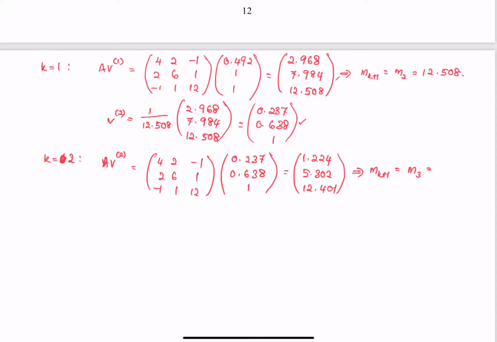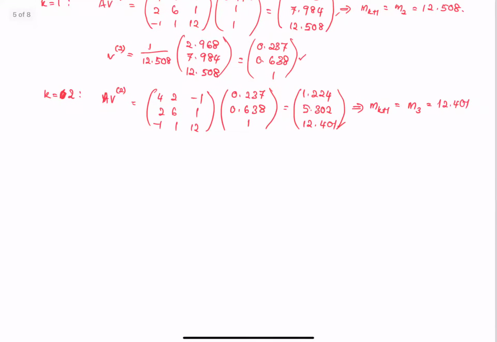And then it is, of course, 12.401. And then after that, we can find our V3 is equal to 1 over 12.401 multiplied by 1.224, 5.302, 12.401.